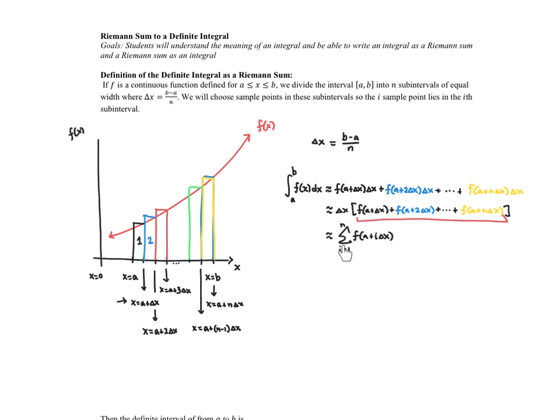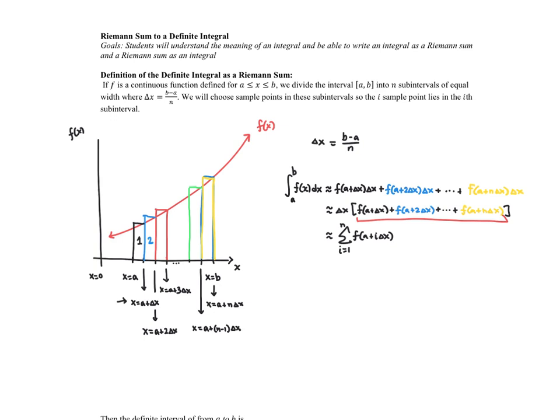So this means sum, to add. Then we would iterate with the second term, so we'd plug in a 2. That would be f of a plus 2 delta x, all the way up to the termination of our iterations, which would be the nth term. This represents right here this summation, including all terms that we've kind of collapsed here, so to speak.